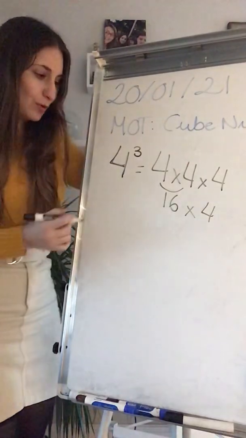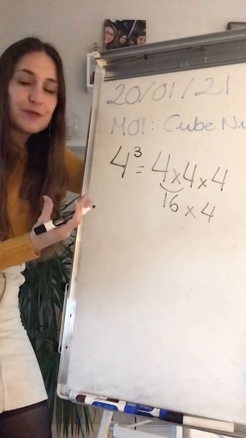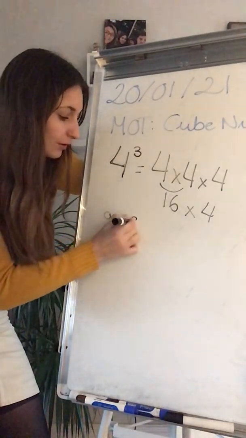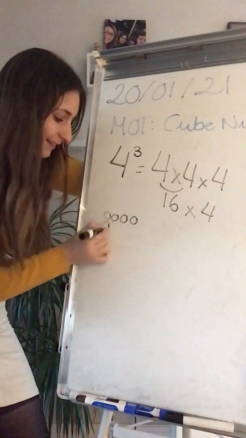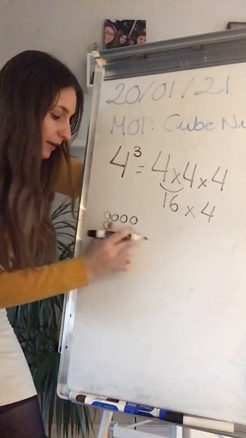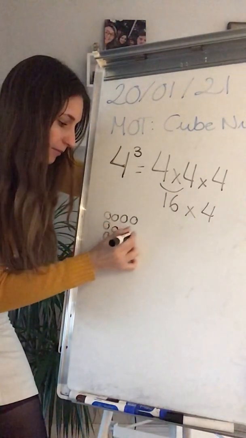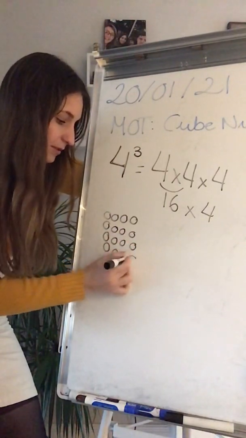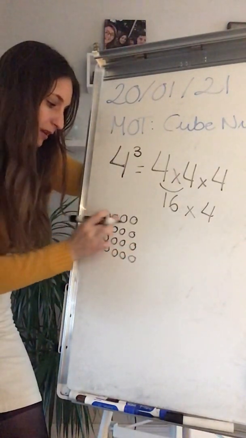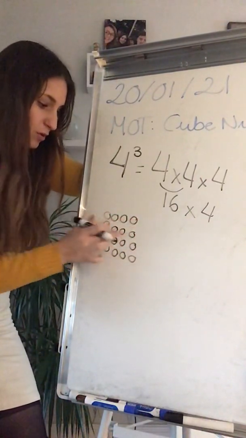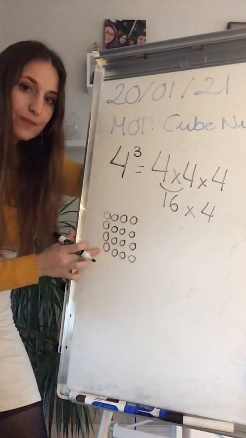Now let me show you. If I have my array of 4 times 4, let me fill in my square. So I have 4 times 4, 1, 2, 3, 4.